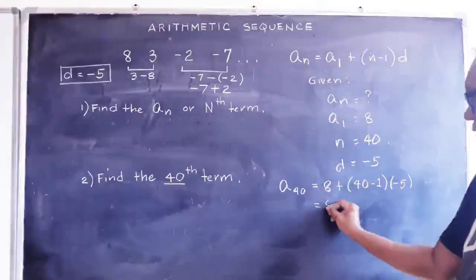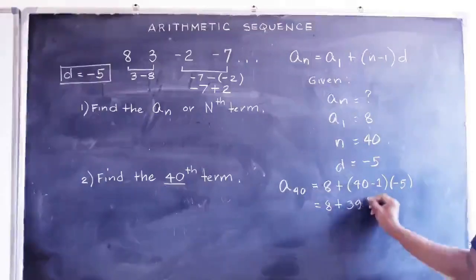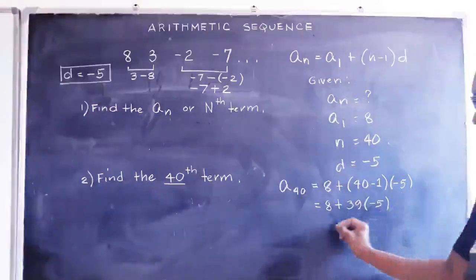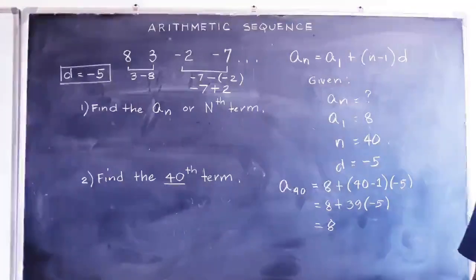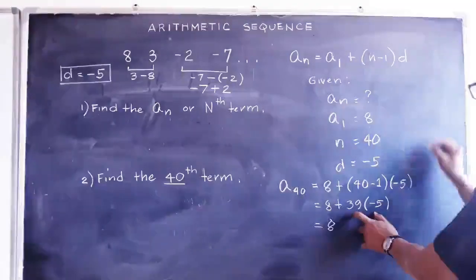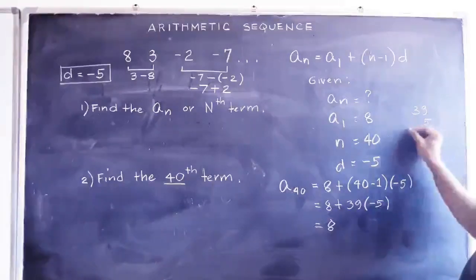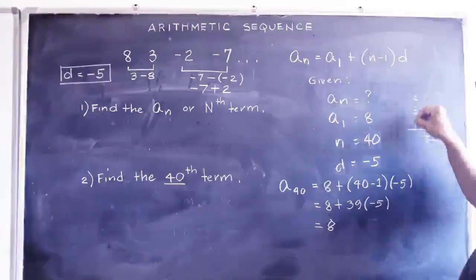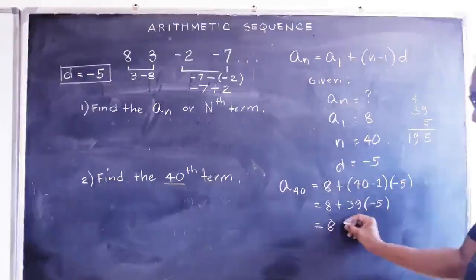So we have 8 plus 39 times negative 5 here. And this one is PEMDAS. Do not add 8 and 39. So we have here 39 and then times negative 5. 9 times 5 is 45, carry 4, 5 times 3 is 15, and then you have 195.